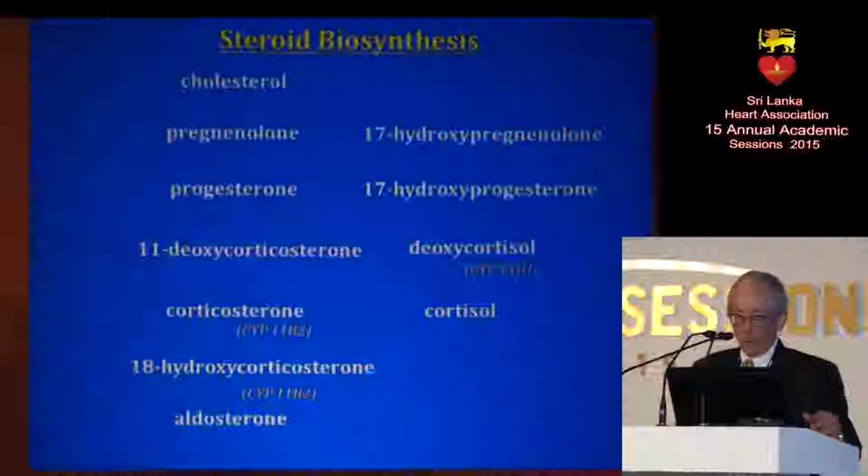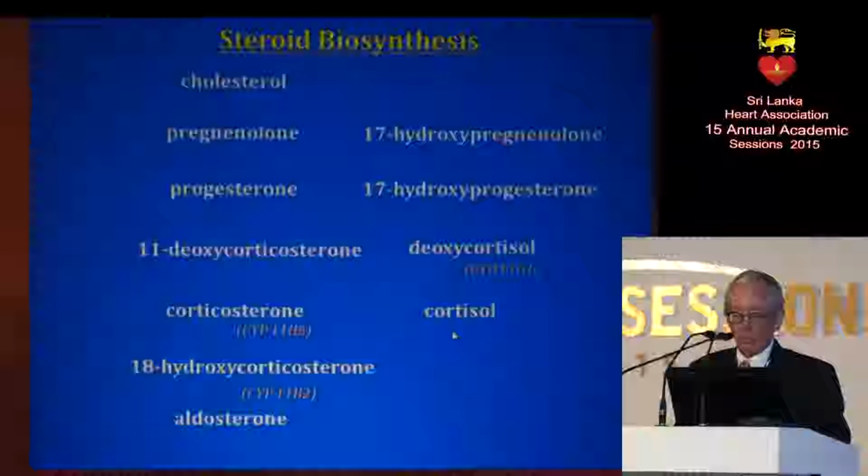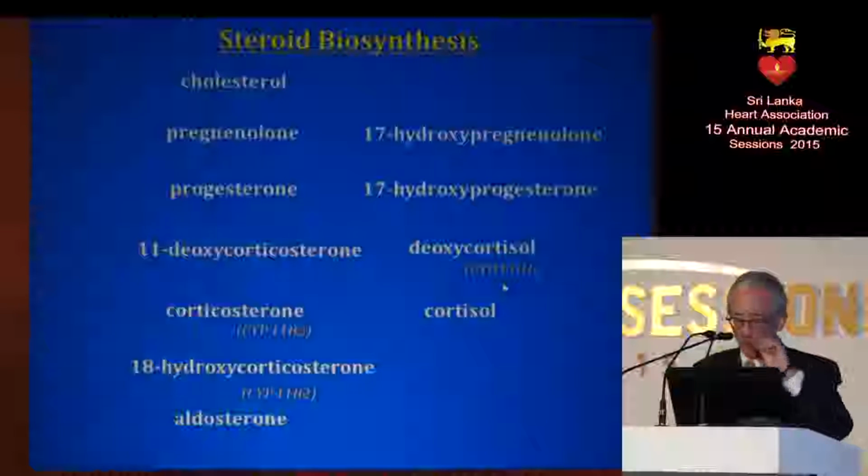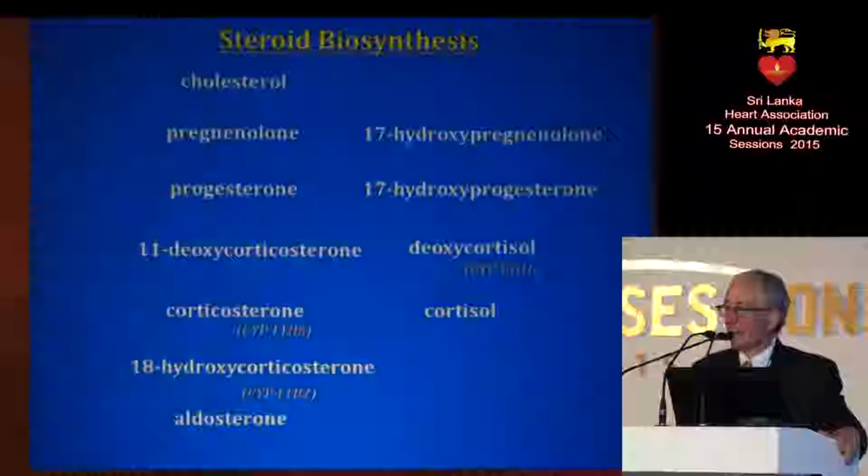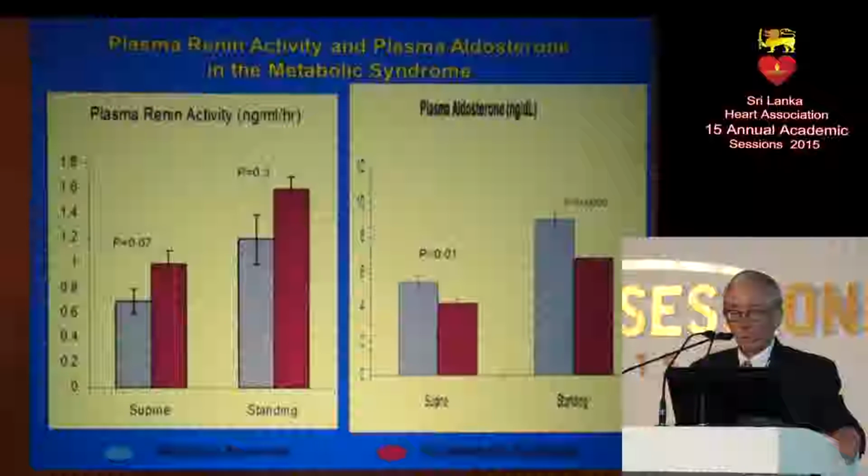We have to remember, obviously, how aldosterone is formed. We also have to remember how cortisol is formed. And there are a variety of enzymes and genetic pathways which, if they are defective, can lead to excess production of either aldosterone or cortisol.